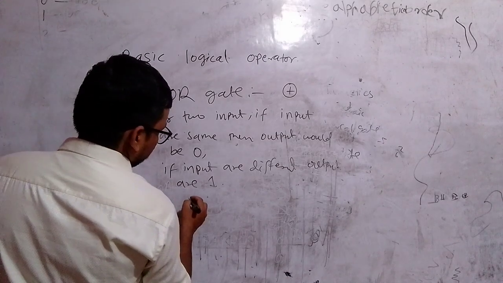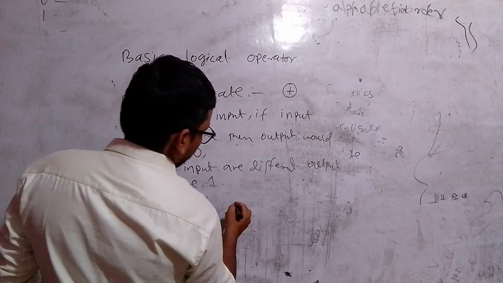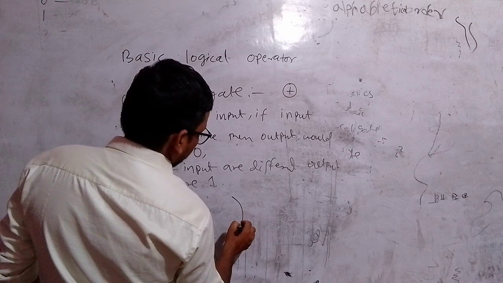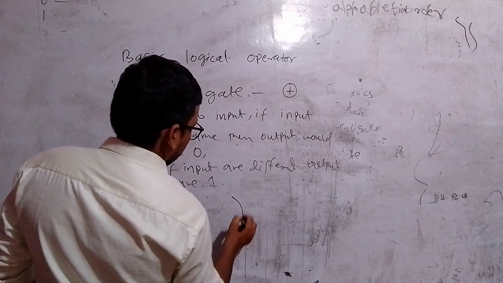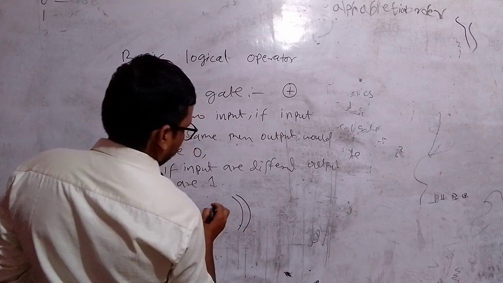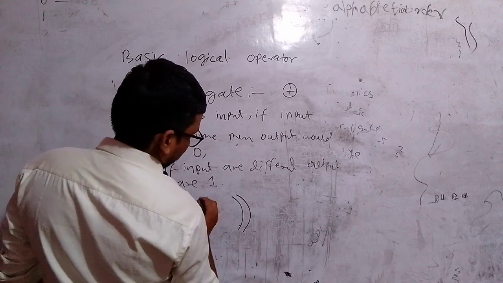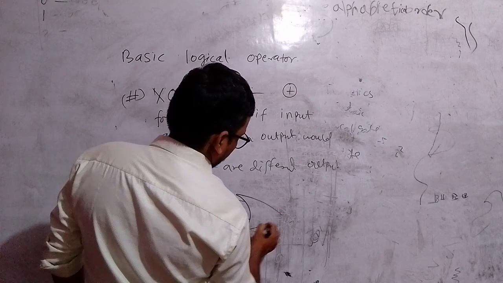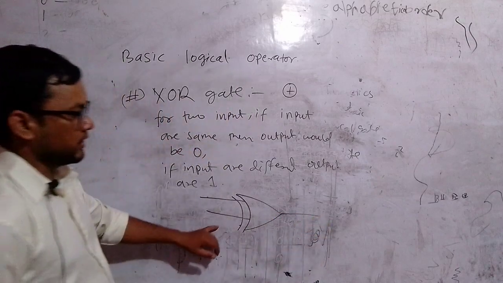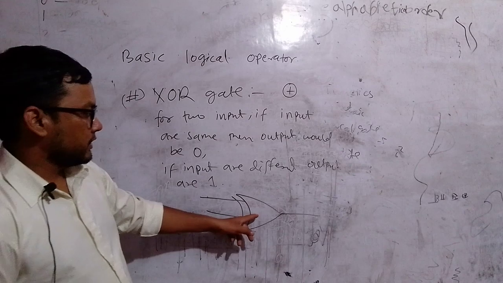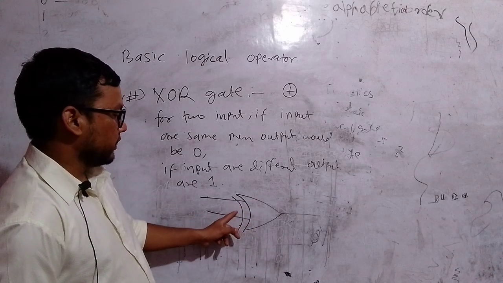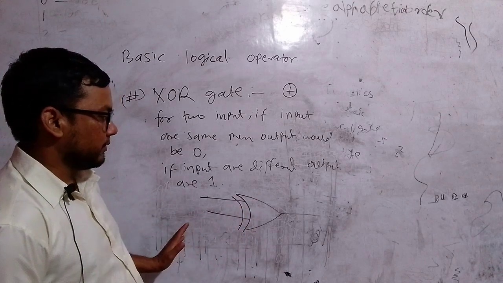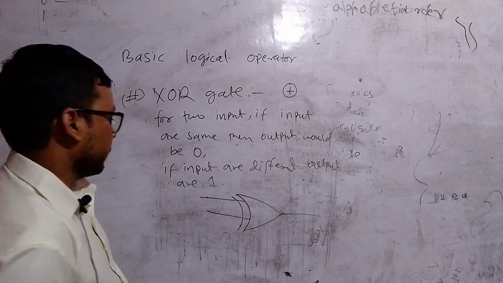What would be these expressions? Now let's draw the diagram first. Its diagram would be like this. Same as the OR gate, and we need an extra curve here to the left of this curve.